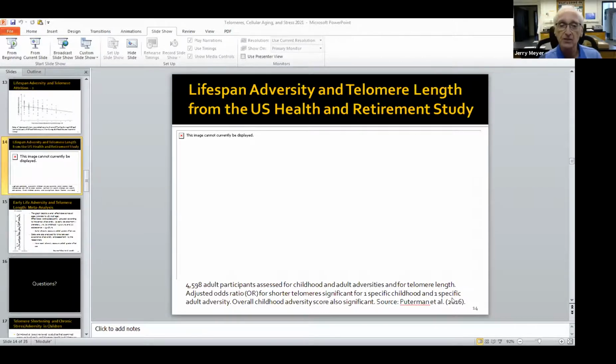So participants in the survey, again, it's a health and retirement study, so you're looking at a partially older cohort of individuals. If particular participants in the survey had needed to make use of Medicaid, then they had an increased risk of having shorter telomeres. And so what does that mean? When I think about this, I think that needing Medicaid is a proxy for two things together.